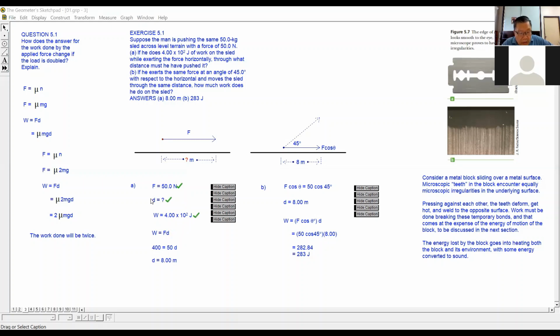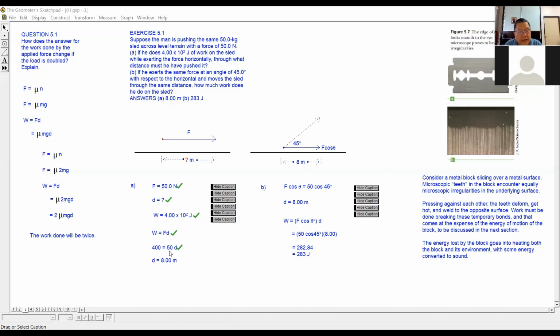We are going to link up these three quantities using the formula W equals Fd. The value of W is 400, the force is 50, also given. Distance moved, don't know, so we leave it as d.